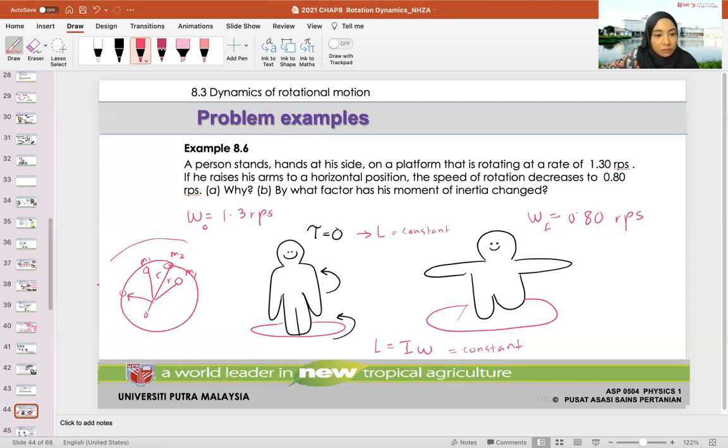What we did was we integrated this whole object to become I. Kita integrate, kita dapat I, equation I. Sama juga kat sini. So when I have this guy over here, I have the distribution of particles, right? But when this guy extended his arm, that radius of the particles inside his body also changes. Therefore, the I also changes.